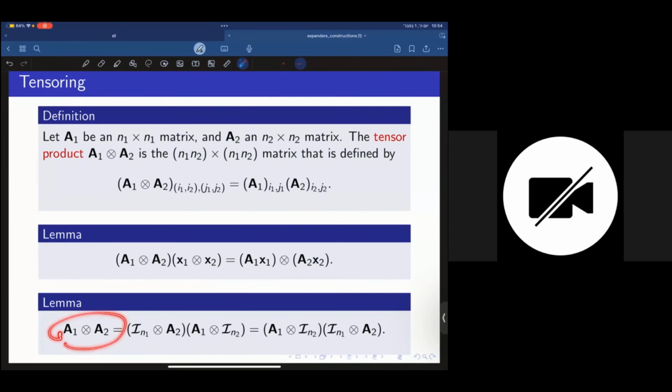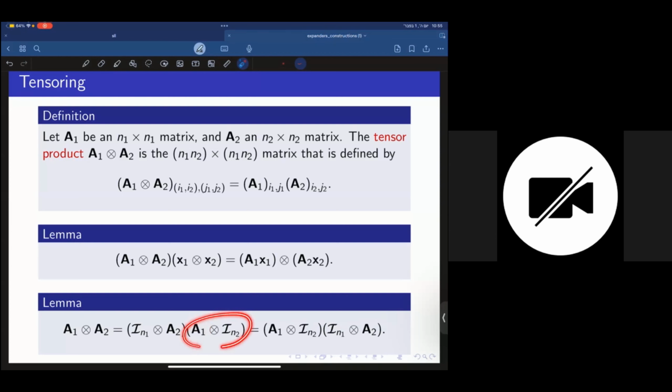You can think of this operator, even without resorting to saying what it does to an input, just as an operator. You should think about it as follows. We are multiplying from the right. First you apply the A1 operator tensor I, where I is the identity matrix, to whatever you got in, which says: forget about the second coordinate, keep it as is, and just apply A1 to X1.